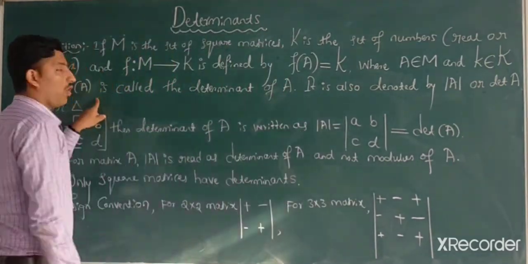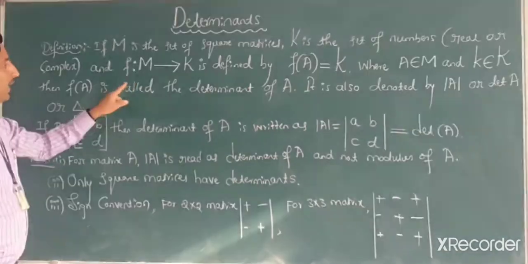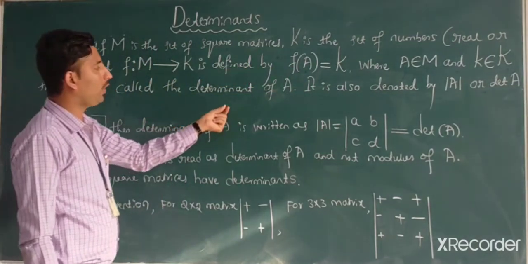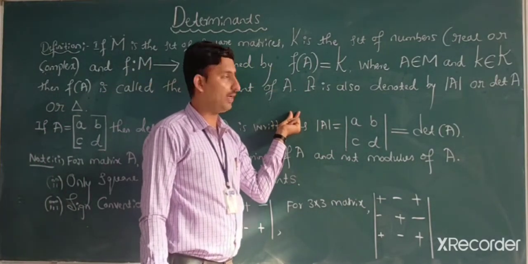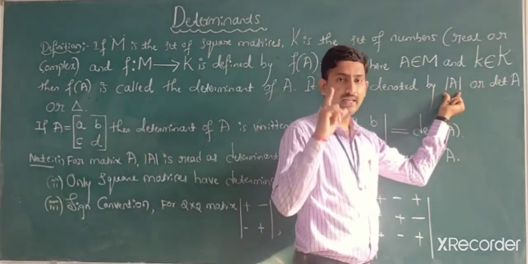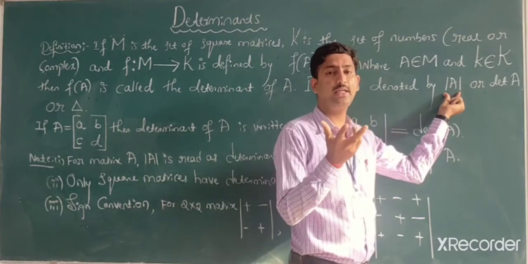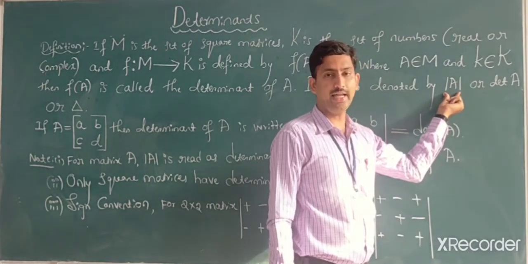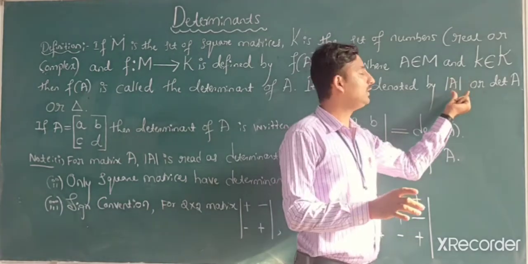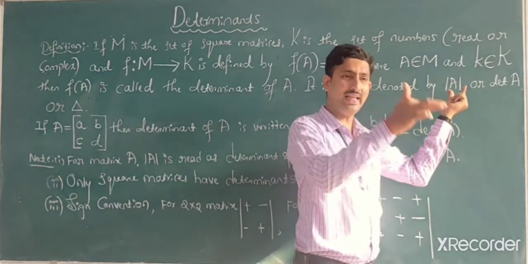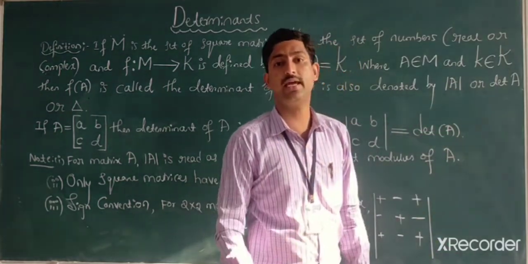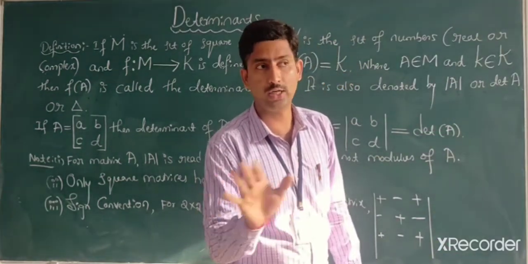Then f of A is called the determinant of capital A. Determinant of capital A is also denoted by two vertical lines. In the first year, these two lines looked like a modulus, but in the determinant chapter, these two lines with the letter capital A between them denote the determinant, not a modulus.